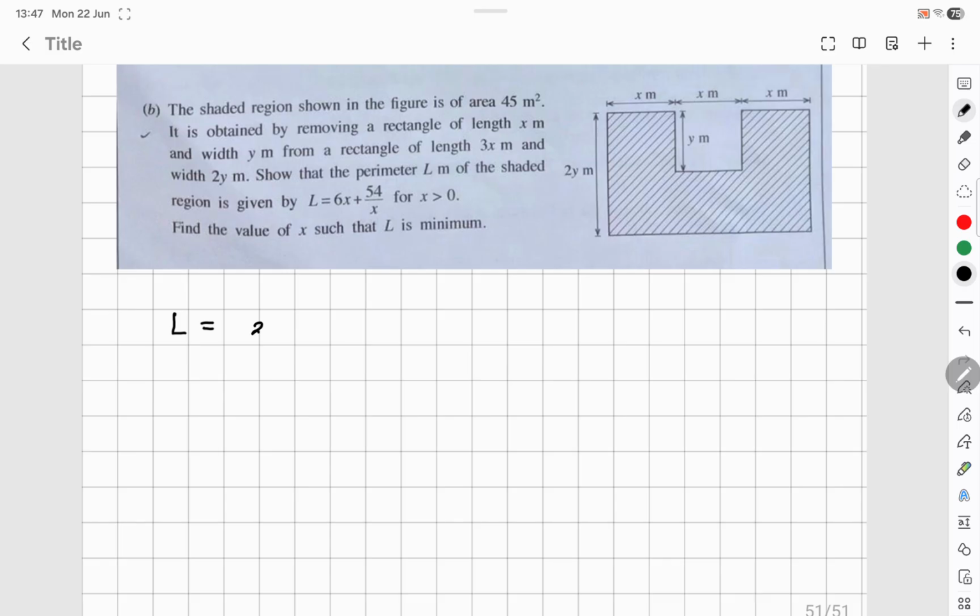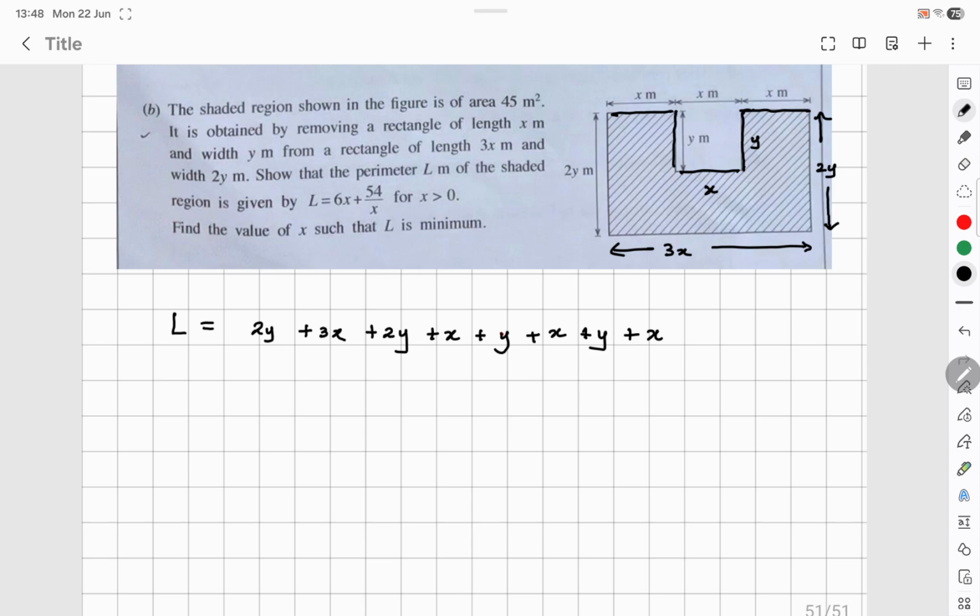So we have 2y, then this is 3x, 2y plus 3x, then there's another 2y here, there's another 2y there, then there's x, then another x, no, that's not x, that's y, sorry, this is y, this is y, so x plus y, then another x here, then this one is y, and finally this x.